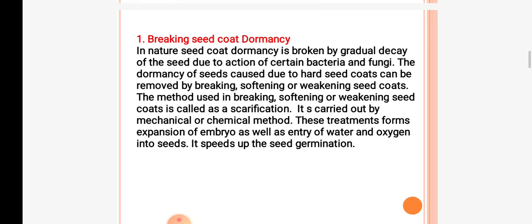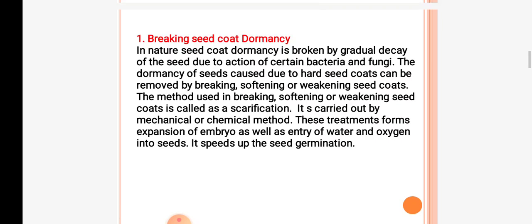The dormancy of seeds caused by hard seed coats can be removed by breaking, softening or weakening the seed coats. The method used for this is called scarification.